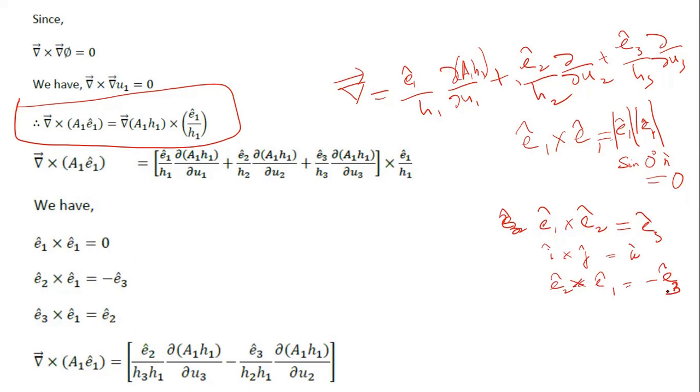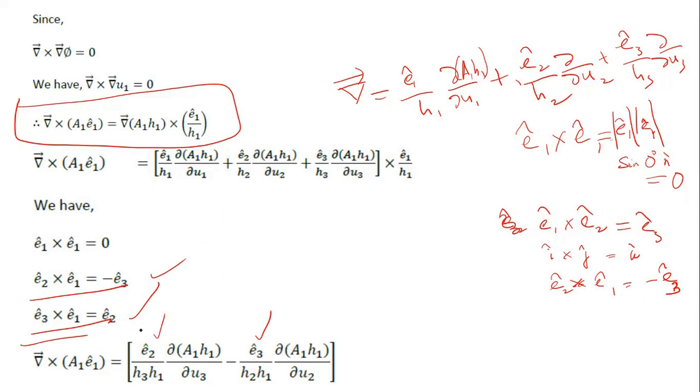Okay, so I have already written here. This is the vector identity: in orthogonal system, the unit vectors are related like this, just like i cross j and j cross i. So e2 cross e1 is minus of e3, and e3 cross e1 is plus of e2. So you have these two terms.